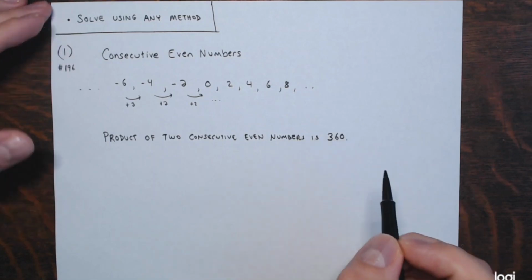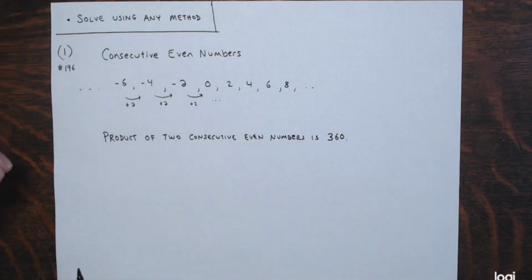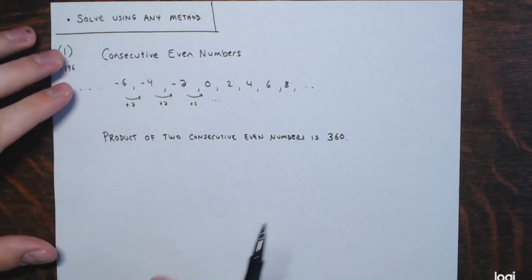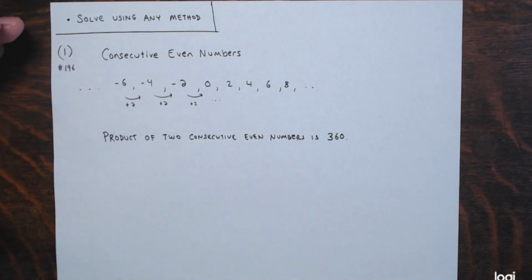And we're asked to find those numbers. Well, you work on these just like you would work on any word problem. You read through the problem, which we've done. Hopefully you understand what's being asked for. Then you identify your unknowns, right? Your variables, your variable expressions.